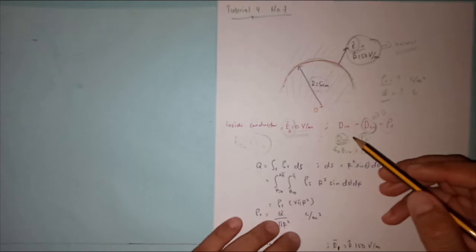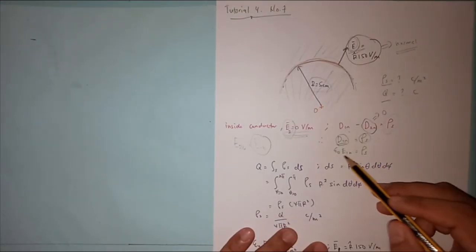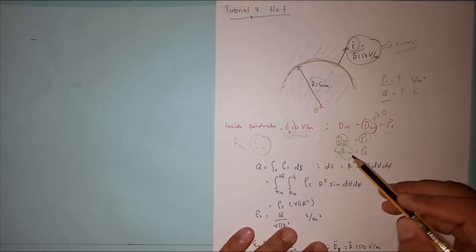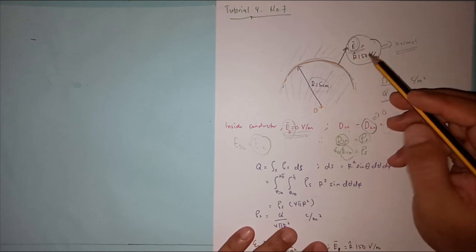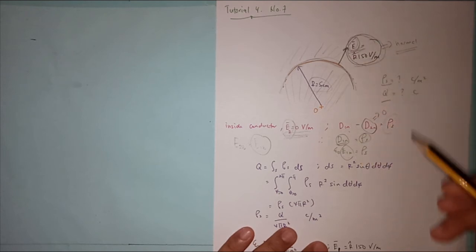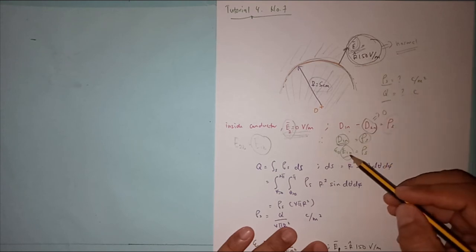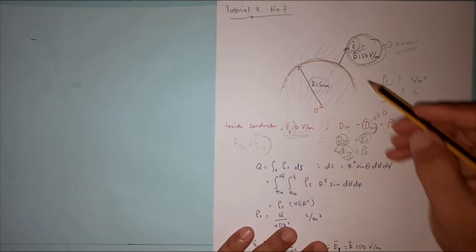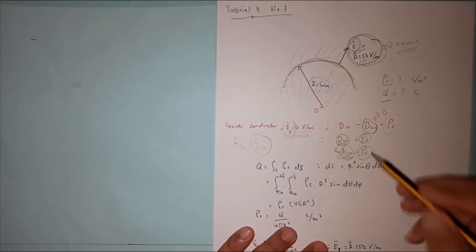So D1n, the electric flux density inside the air region, is equal to epsilon naught E1n. This is the normal component of this vector, as I mentioned just now. Because this vector only exists as a normal component, we can directly replace E1n with 150, and this value is equal to rho s.